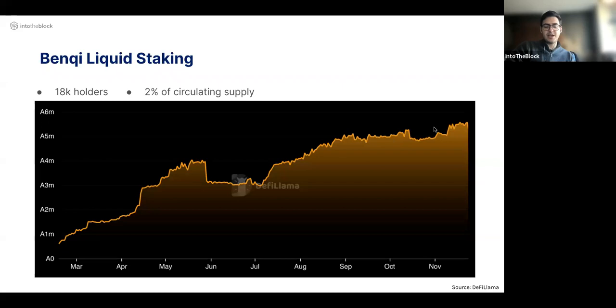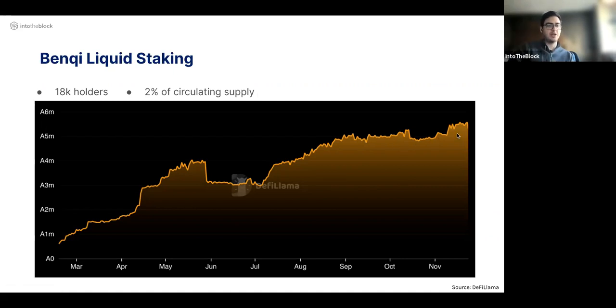Benqi also has liquid staking services. They have about 18,000 holders of the sAVAX token, and there's about 6 million AVAX being staked through them, so roughly 2% of circulating supply, and it has been growing steadily over time.